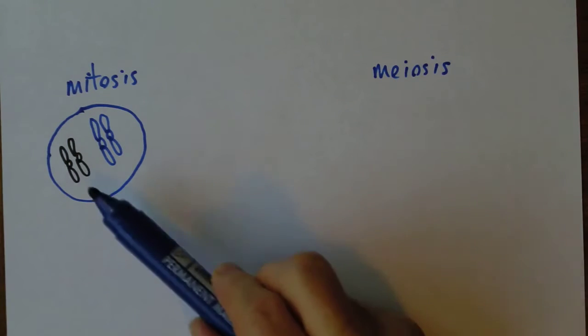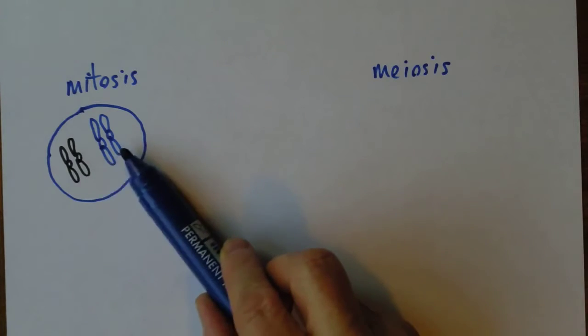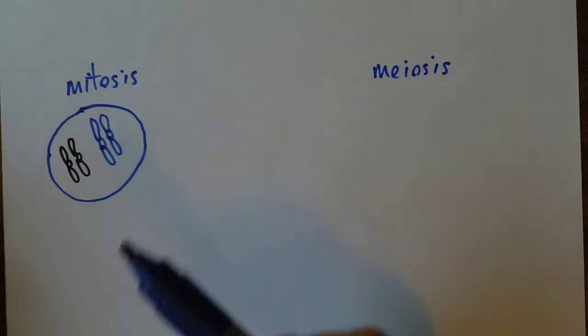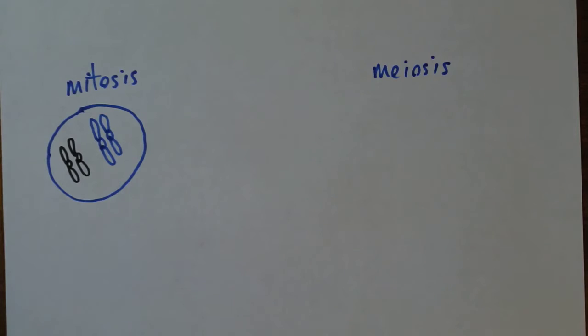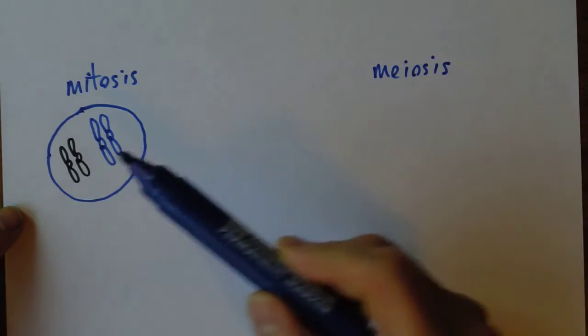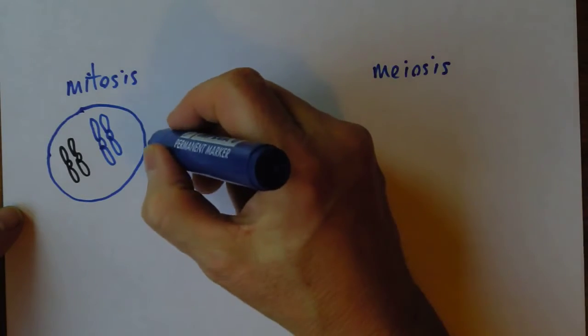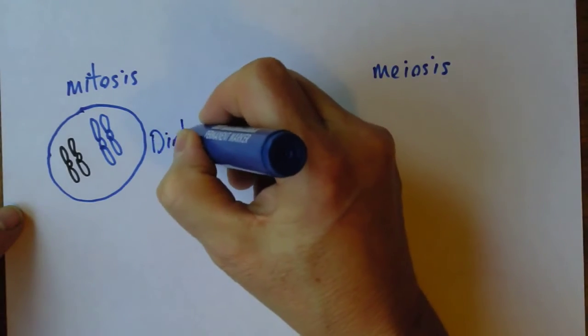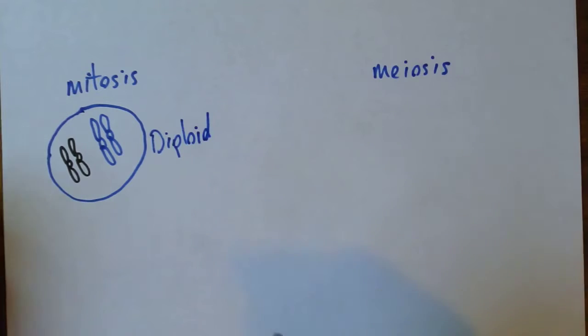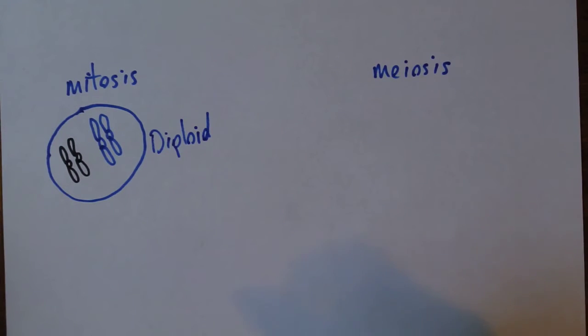So I think you can see there that there's 23 pairs of chromosomes making up the nuclear material of the cell. And when each chromosome is represented twice, we call that a diploid cell. So in a diploid cell, each chromosome is represented twice because they're in pairs.